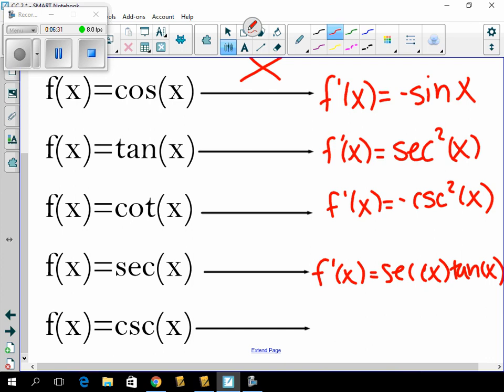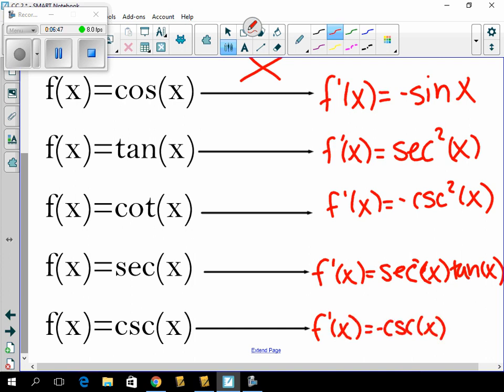And the derivative of cosecant x is going to be negative cosecant x cotangent of x. So these are all kind of similar.